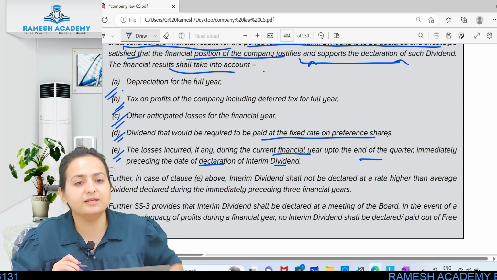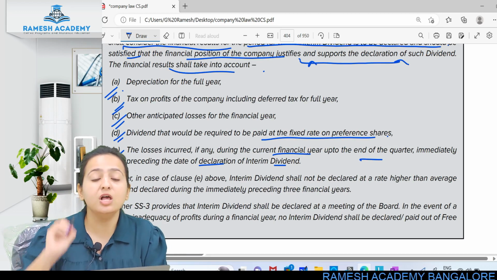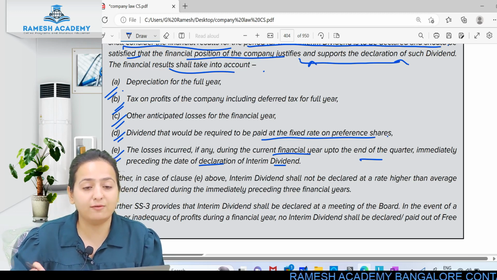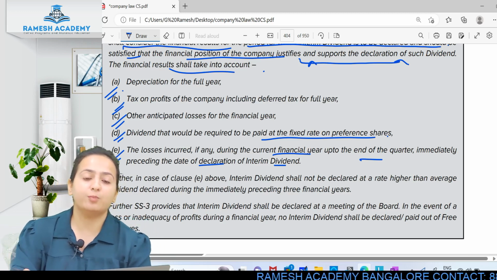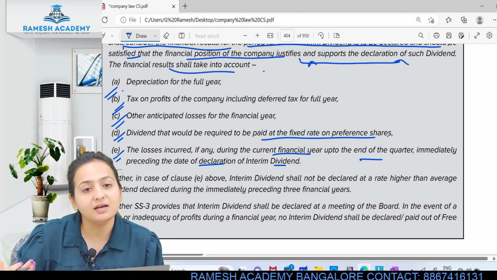So before declaring any interim dividend, you have to be sure in mind that the profits are enough to pay it.